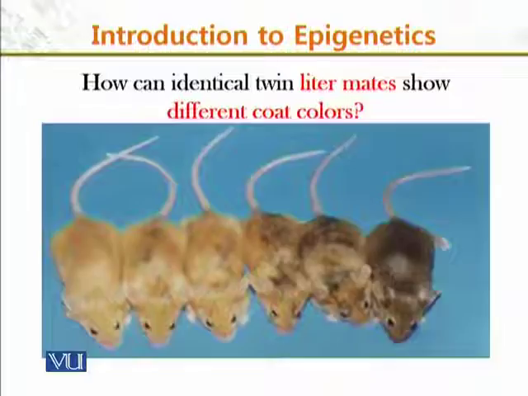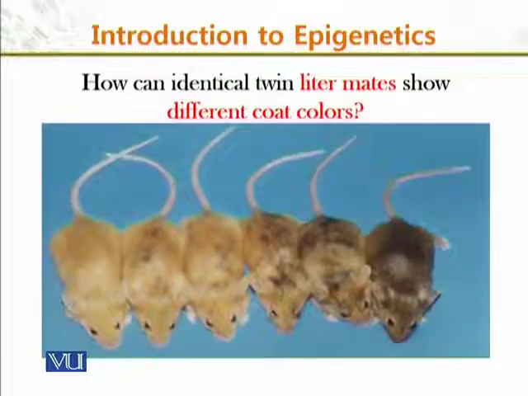Similarly, identical twin litter mates show different coat colors. As we can see here, from brown to dark brown, there are different shades produced by non-sequence inheritance.